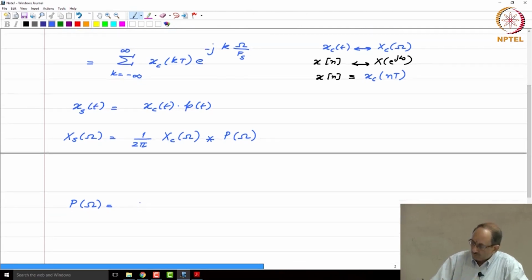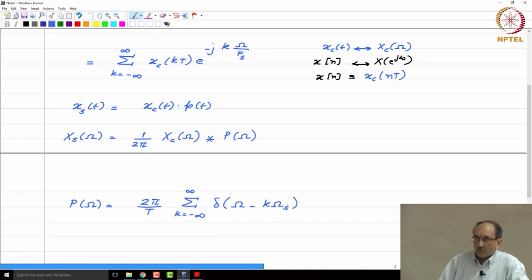Therefore, the Fourier transform of this is 2 pi by cap t, where cap t is the sampling interval, k going from minus infinity to plus infinity, delta, it is again going to be an impulse train, but it is going to be spaced omega s apart in the frequency domain, where omega s is nothing but 2 pi by cap t.